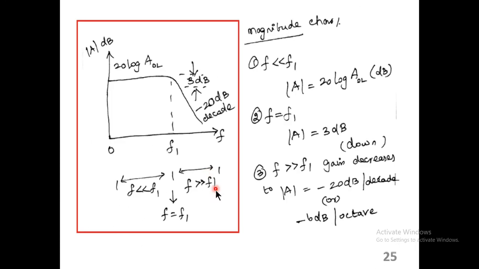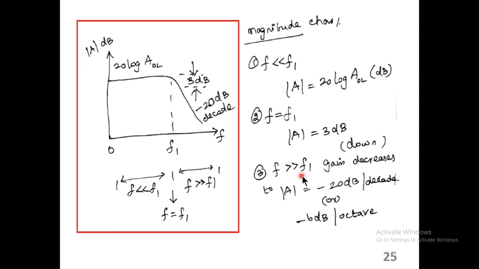So this is the characteristics diagram graph. In that, three options we can analyze. First, if F is less than the corner frequency, the gain will be 20 log open loop gain in dB. If F equals F1, the gain is down by 3 dB.